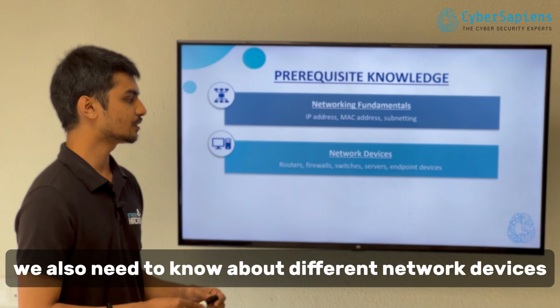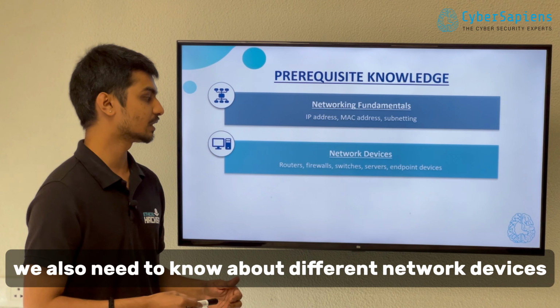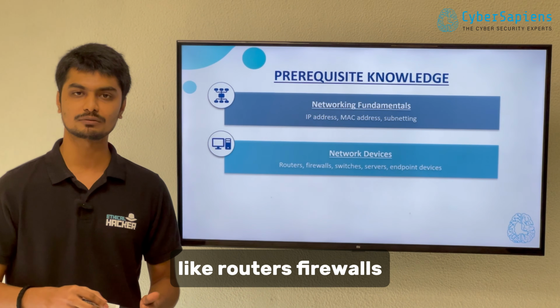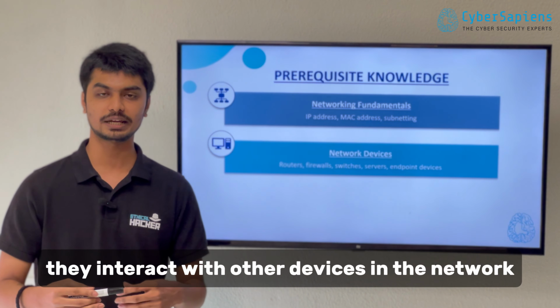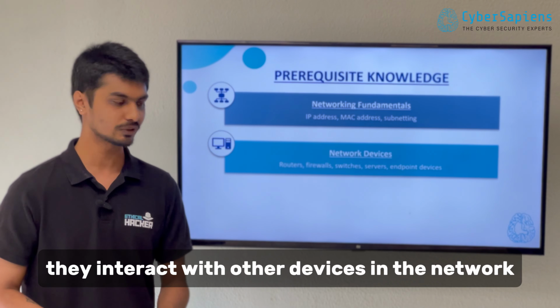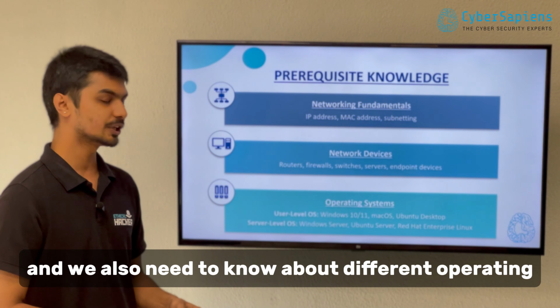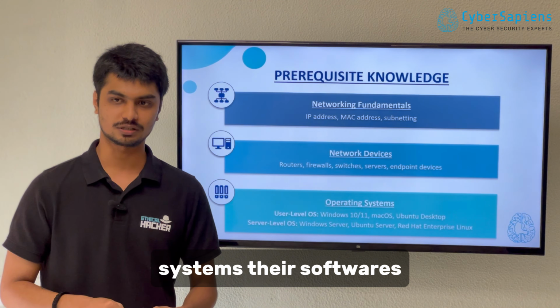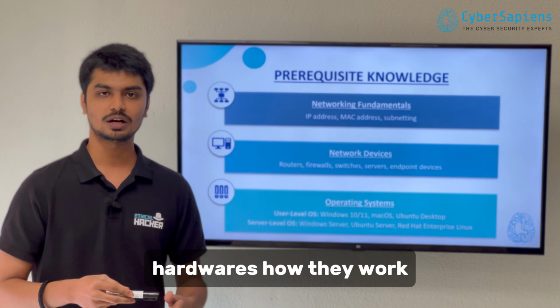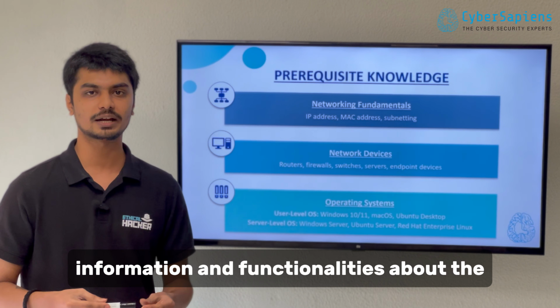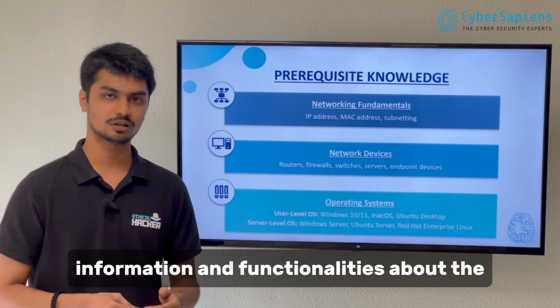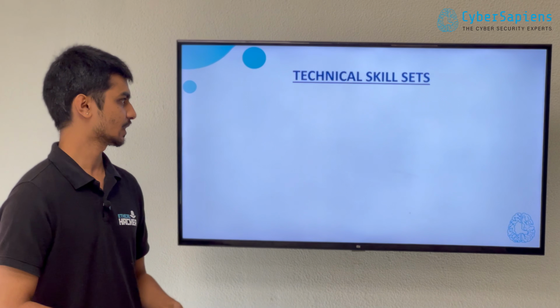Next, we also need to know about different network devices like routers, firewalls, and switches, how they work, how they operate, and how they interact with other devices in the network. And we also need to know about different operating systems, their software, hardware, how they work, how they operate, and other important information and functionalities about the operating systems.